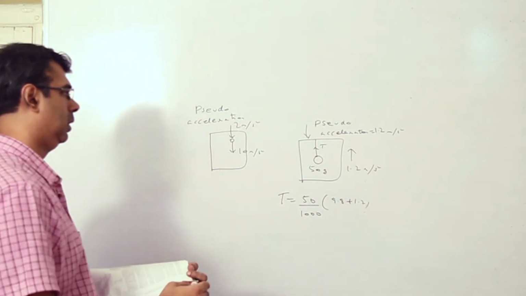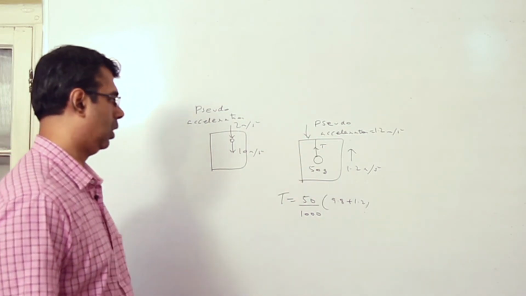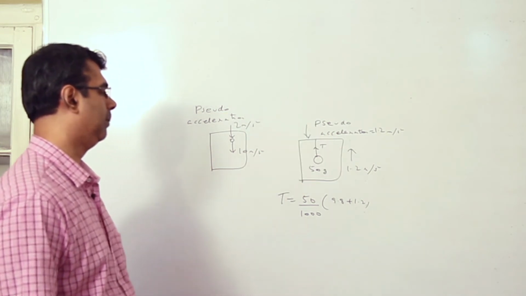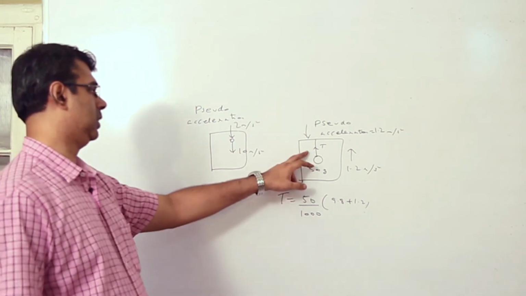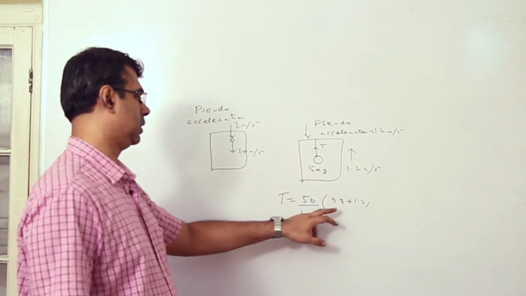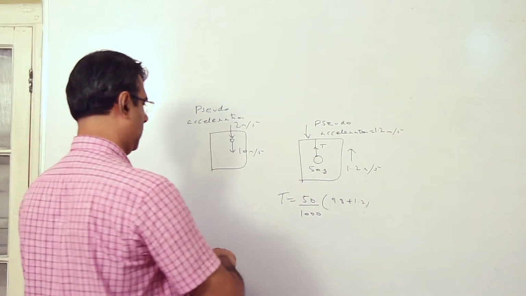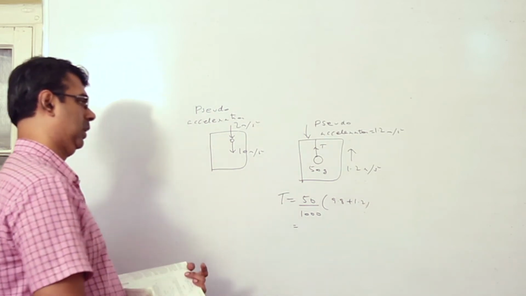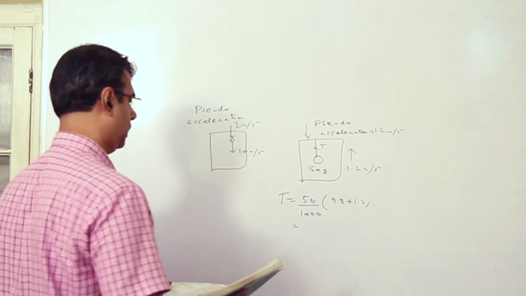Why is that so? Because the frame of this elevator is non-inertial. So to make it inertial, you have to apply a pseudo acceleration whose value will be 1.2. So the tension will be equal to 50 by 1000 into 9.8 plus 1.2, and in fact that will give us the answer to this particular question.